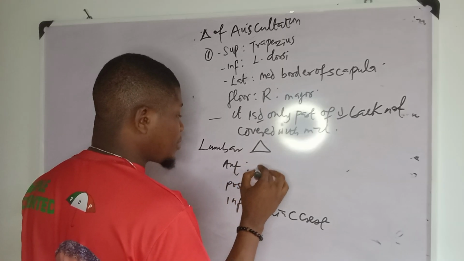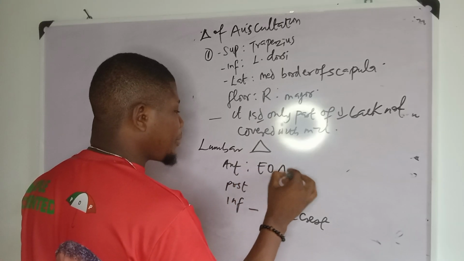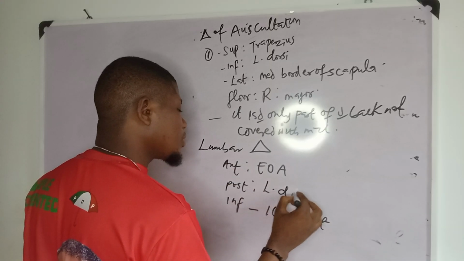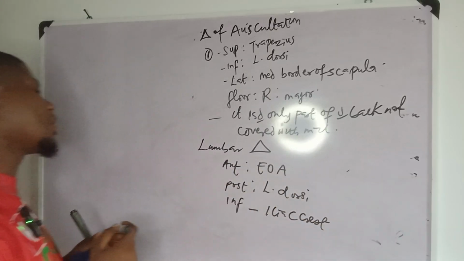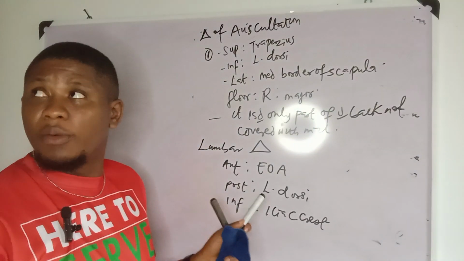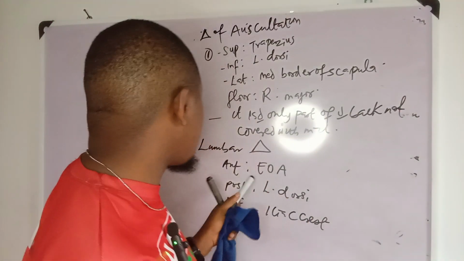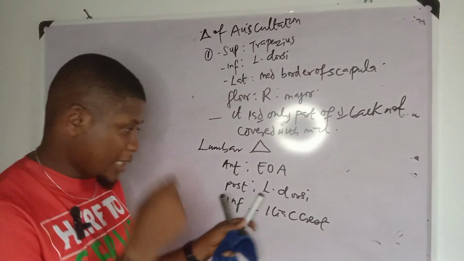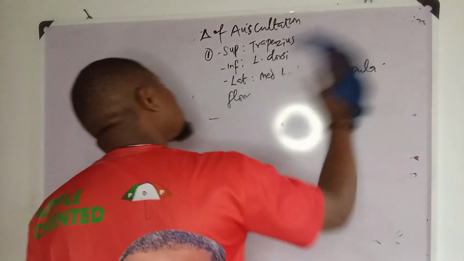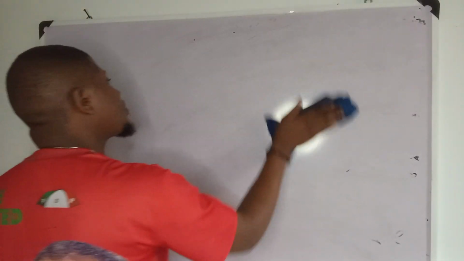The anterior boundary is by the external oblique aponeurosis, and the posterior boundary is by latissimus dorsi. Then the inferior boundary is by what? Iliac crest.